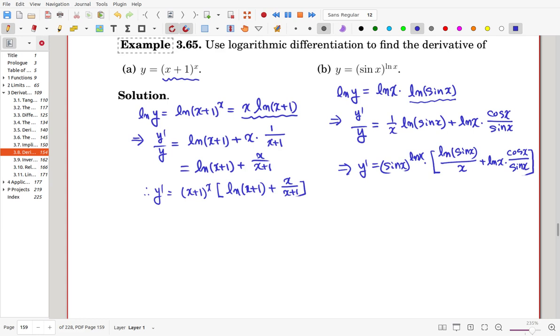That's the final answer. It's a little bit complicated, however, quite mechanical. So by using the technique, you solve the problem almost the same way.